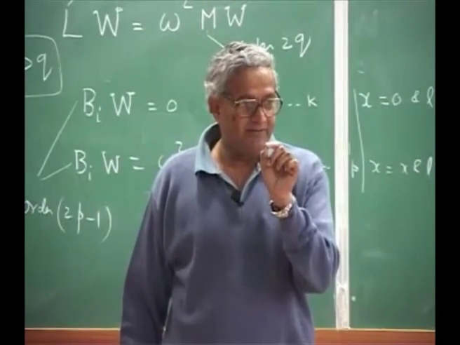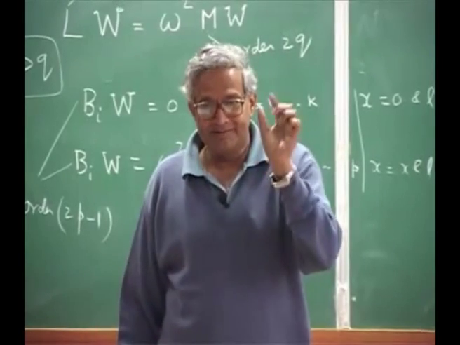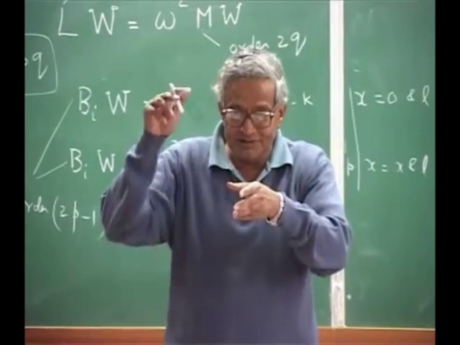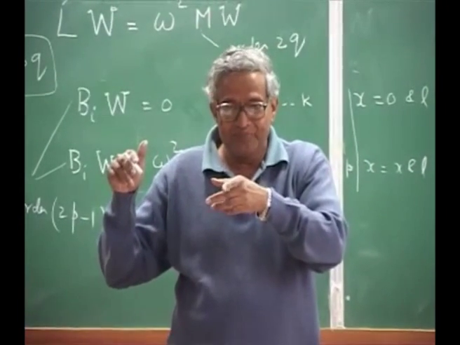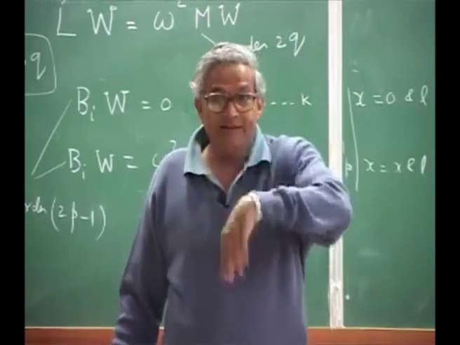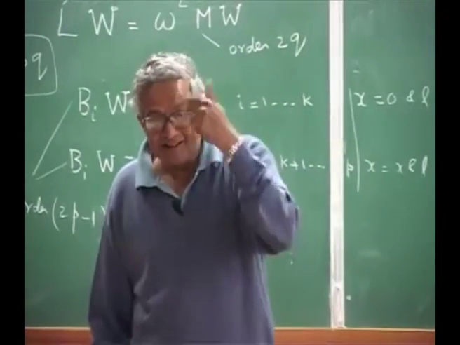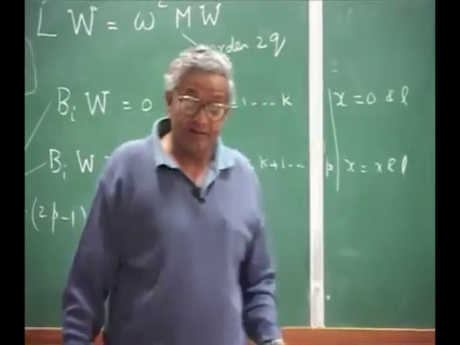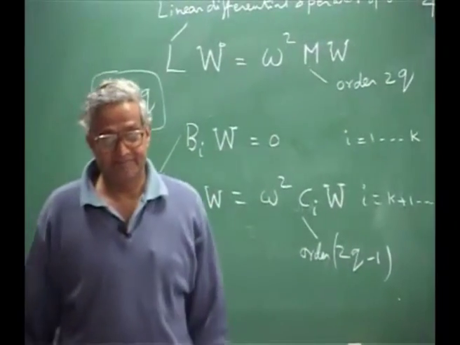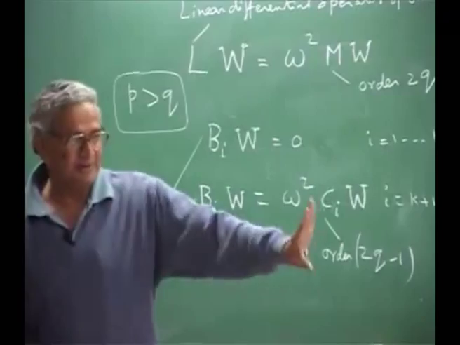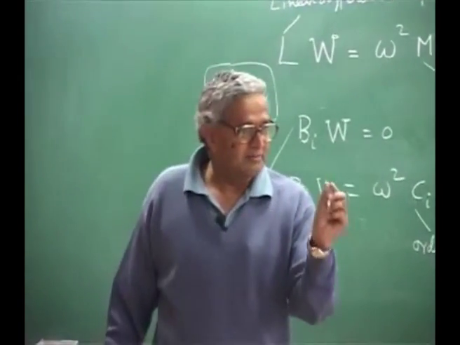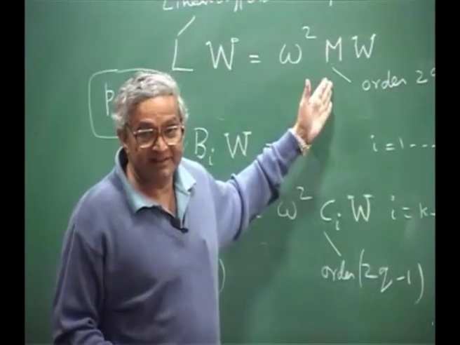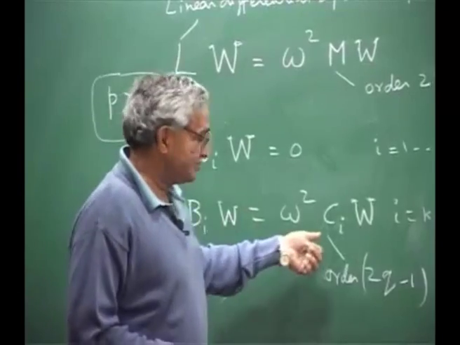That means we took only half m w dot square. You can also take some inertia into w prime, which is dw by dx, that is the rotation, and its time derivative as a dot, one more dot. Then it is like rotary inertia. If you take that, then you will get a differential operator here. Okay. But most of the problems we deal with are only mass, without taking rotary inertia. We will not get a differential operator in this case. Okay. Same thing for this also.